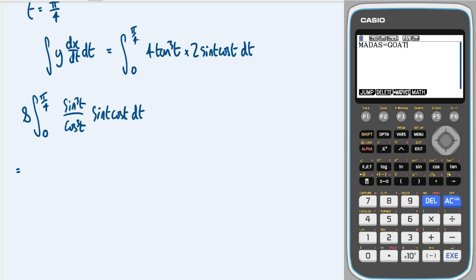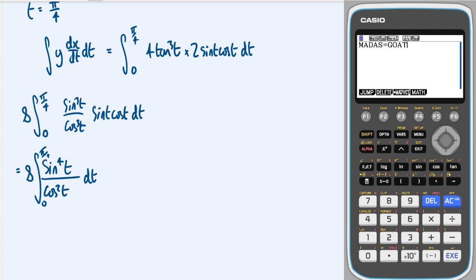And this is going to give me sine to the power 4 t on top over cos squared on bottom dt. And again, let's take the 8 here, and not to forget our integral sign.